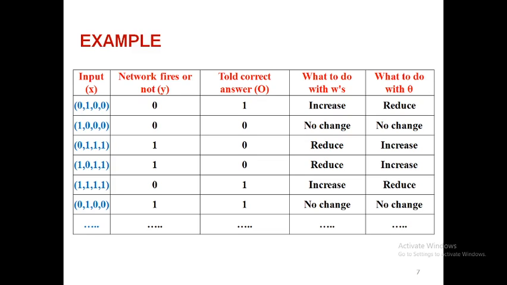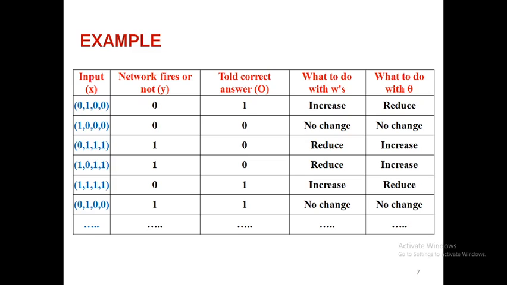That's why you need to increase the weights. To make the summation of Wi Xi greater than or equal to theta, either you need to increase the weights or you need to decrease the right side, theta. That's what we need to do for the first input: increase the corresponding weights as well as reduce the theta.